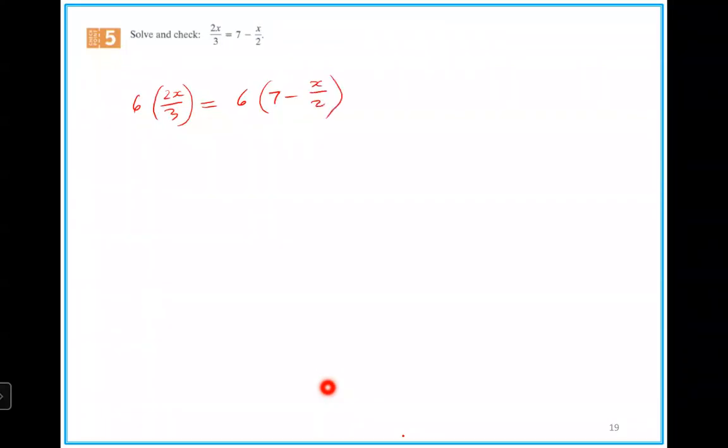And then my next line is the 2 times 2x over 1, because I cancel out the 3 and the 6. 3 goes into 6 2 times, so I put 2.